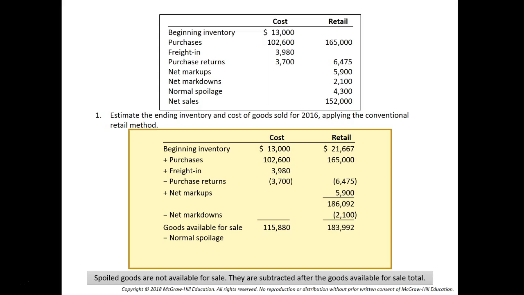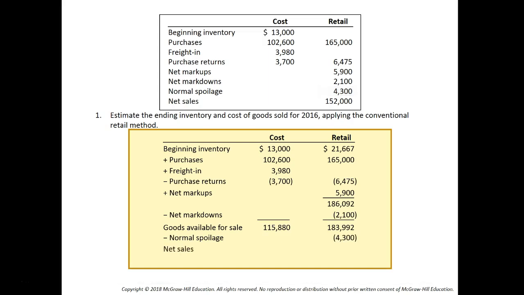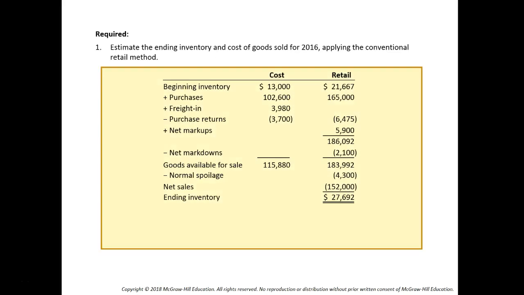They get subtracted after the goods available for sale total, which then gives us our net sales. Our ending inventory, $27,692. The goods available for sale, less our spoilage, and our net sales.